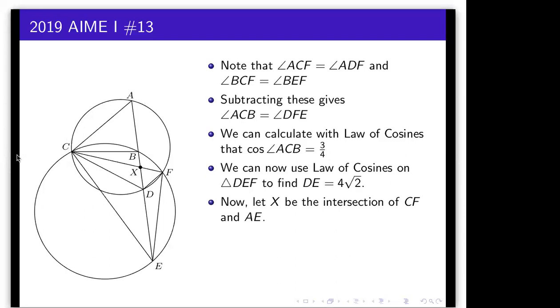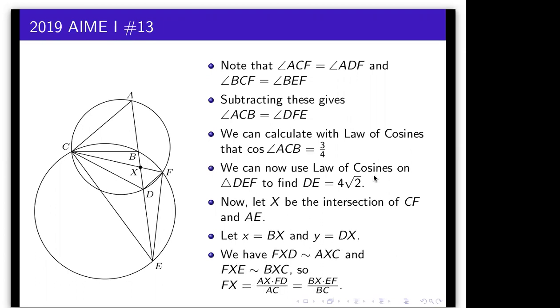So we're going to let X be the intersection of AE and CF, so then we can take advantage of the similar triangles. Basically we now just get a lot of similar triangles. I think it was already said that ACX is similar to FDX, or you can also say it like that, right?